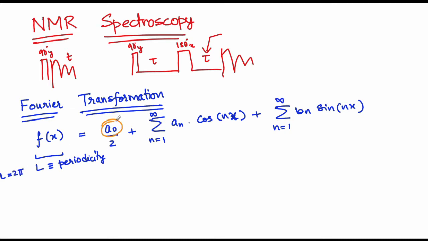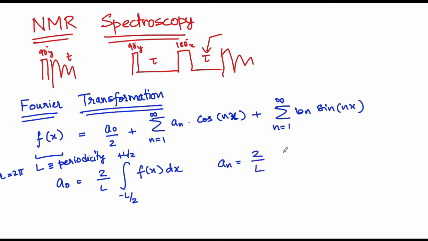In this case, a0 is going to be determined by this integral, 2 by L from minus L by 2 to plus L by 2, f of x dx. Similarly, an is going to be determined by 2 by L integral from minus L by 2 to plus L by 2 of f of x cos nx dx.